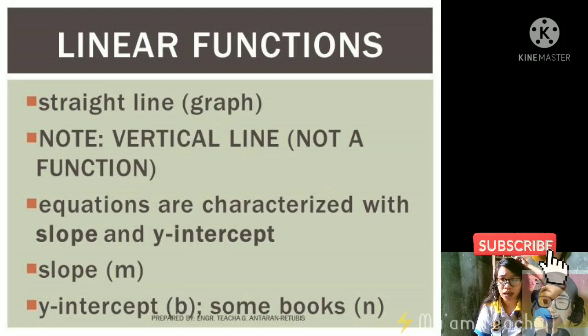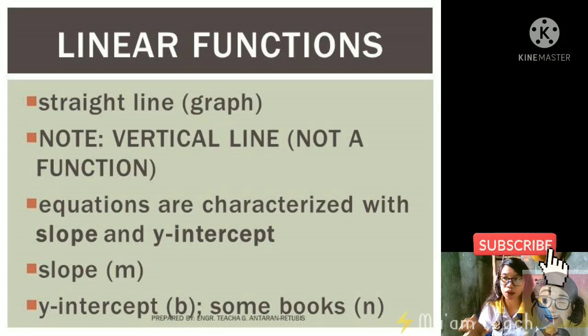Now, a linear function, class, is an equation which is characterized by a slope and a y-intercept. There should always be a value of slope and y-intercept. Slope, class, is symbolized as m and y-intercept is symbolized as b.